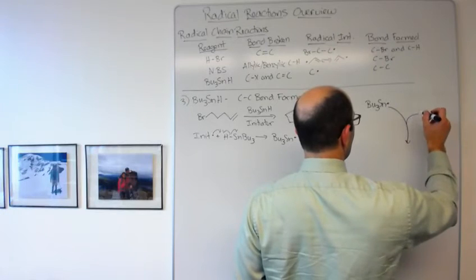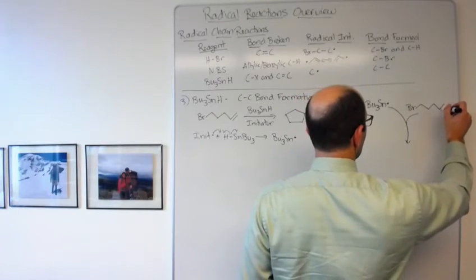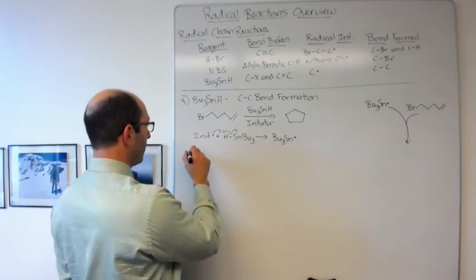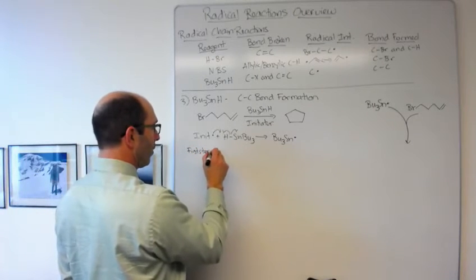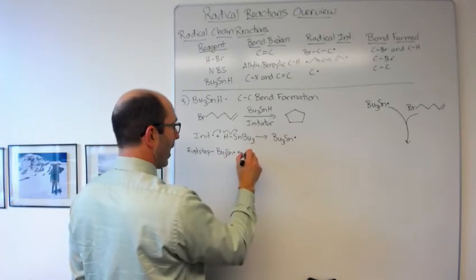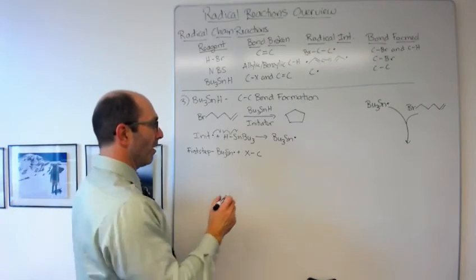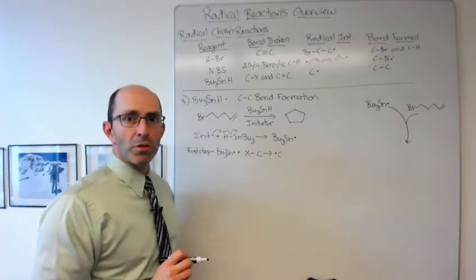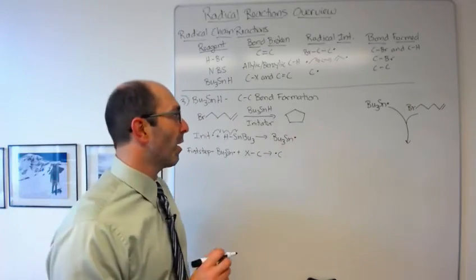So our first step is going to be to react this with a carbon-halogen bond. And that's the key thing. The first step is always the tributyl tin radical reacting with some sort of carbon-halogen bond, right? And that's going to generate our carbon radical. Okay, so always look for that carbon-halogen bond when you're doing reactions with tributyl tin radical.